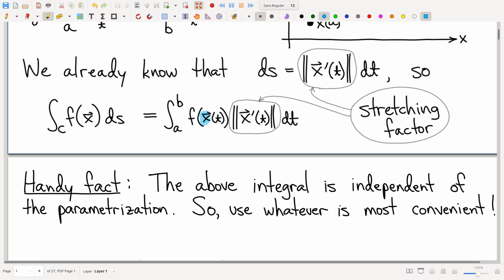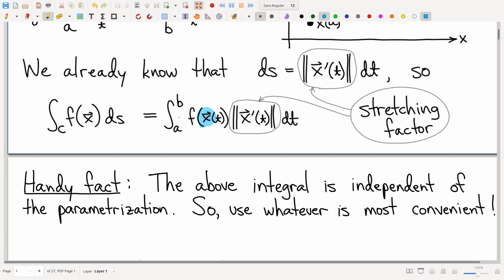This depends on the parameterization. There's lots of ways to parameterize a curve. I might pick one parameterization, you might pick a different one. I'm going to get one integral, you're going to have a different integral. Whose integral is the right integral to compute what we want? What's the right parameterization to use?